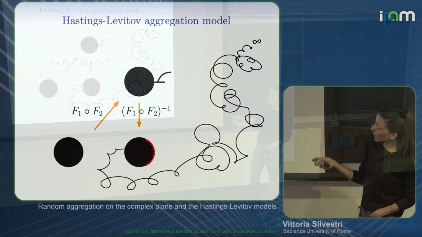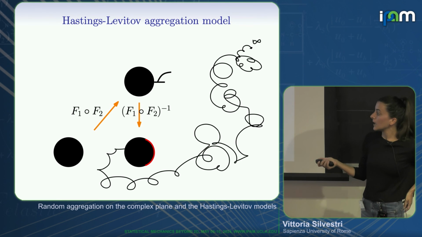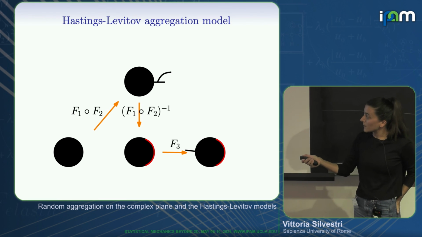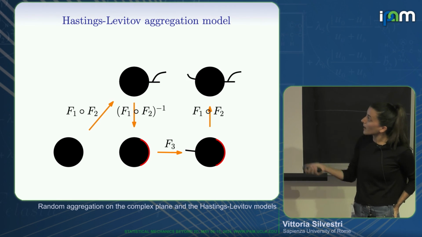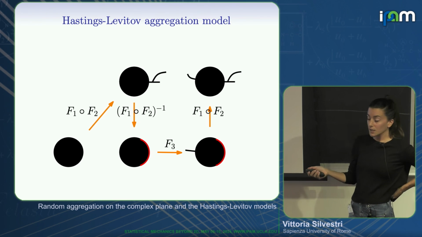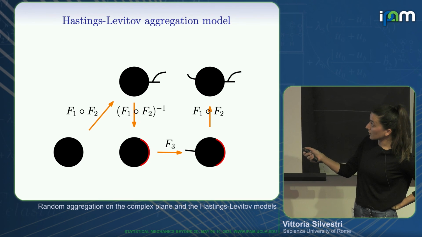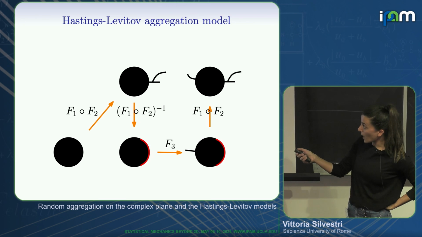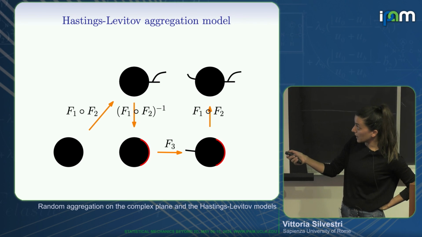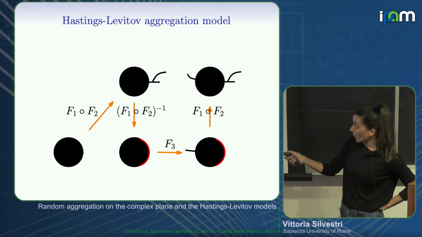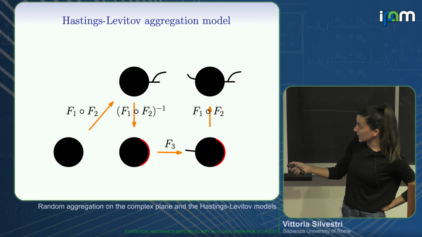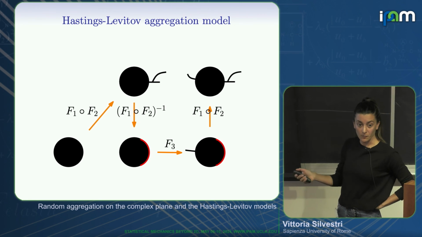Choose a uniform angle independent from everything else. Attach a particle there by applying a map F3, and then grow back the first two particles. This will have the effect of growing back the first two particles exactly as they were, but the third particle will be distorted by the application of this conformal map.